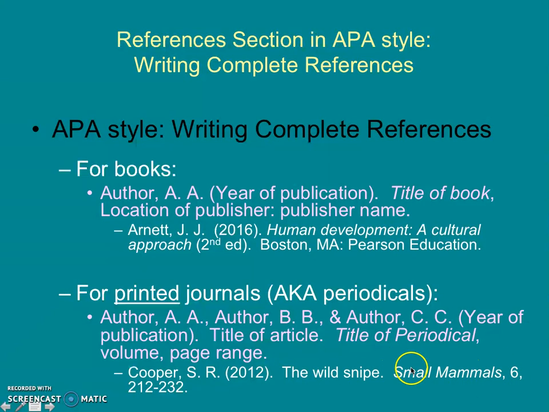This is published in the journal Small Mammals by me, of course. This is a made-up one. Here's the volume number. Here are the page numbers. Notice here in a journal, you're not getting a P period for page number or anything like that you might expect, having seen that in the in-text stuff before. So it's a little bit different here.